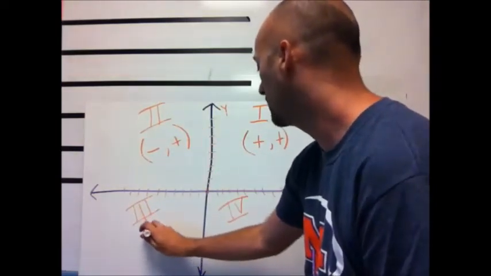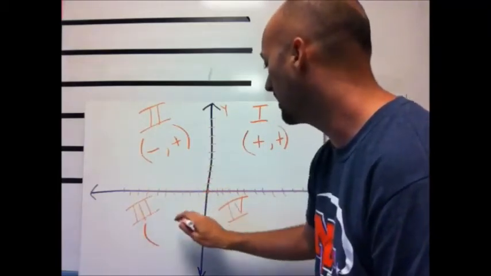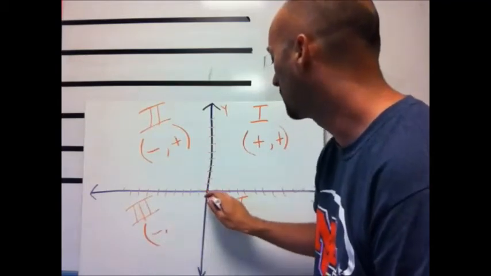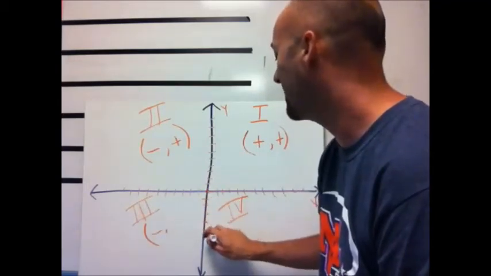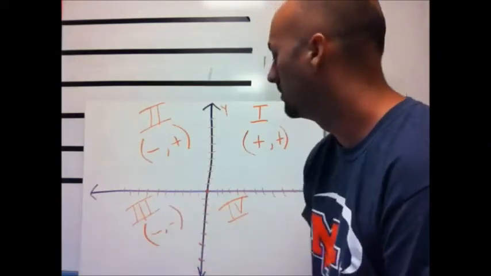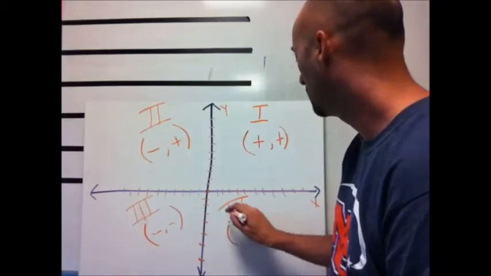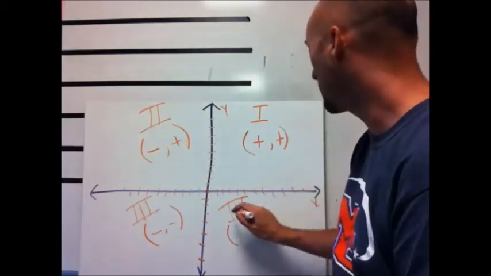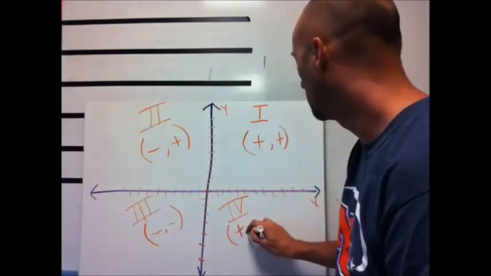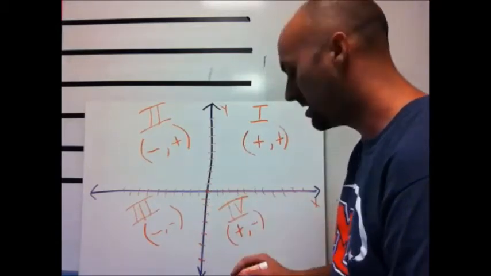I go down to quadrant 3. Same location on x, it's negative. But look what's happened. Now I'm counting down, and down is negative, so they're both negative. And then quadrant 4, my x's are over here. We're back to positives. But my y's are still down, negatives.